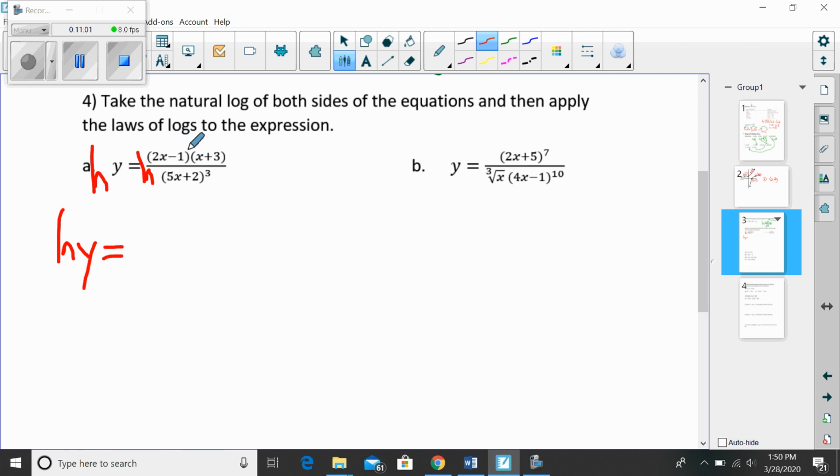So anyway, I have a product here, so I would apply that law where that would be the natural log of (2x minus 1).